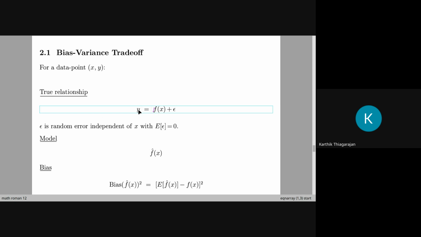You're looking at a single data point, and this is your true relationship. The label or the output depends on the input, not deterministically, but with a certain amount of randomness. This is called the noise term. It's some random error term or noise, and that doesn't depend on the input. You could think of this as measurement error.